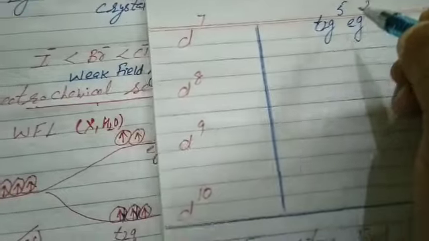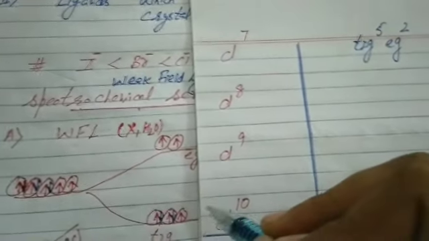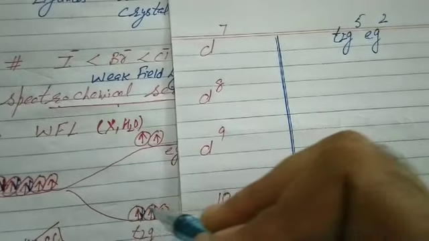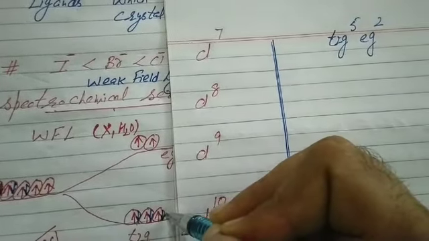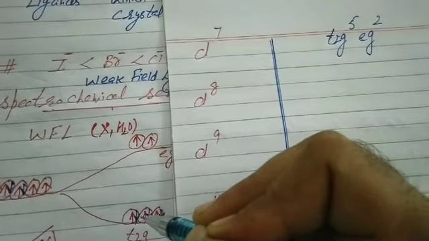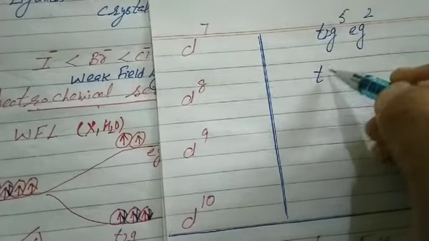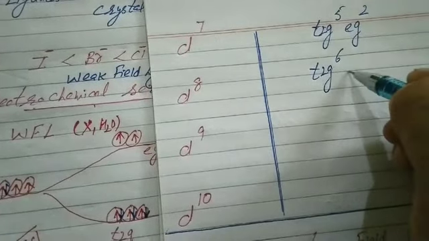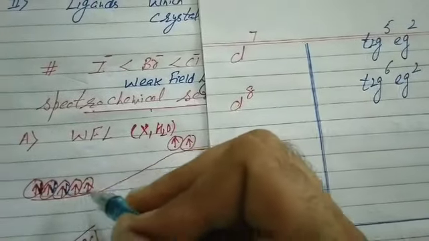That's the configuration. d8. Now it becomes 8. d8 pattern: 1, 2, 3, 4, 5, 6, 7 and 8. For a weak field ligand, at first 5 electrons half fill, and then pairing. What's the possible configuration? t2g with 6 electrons and eg having 2. Now students, d9.